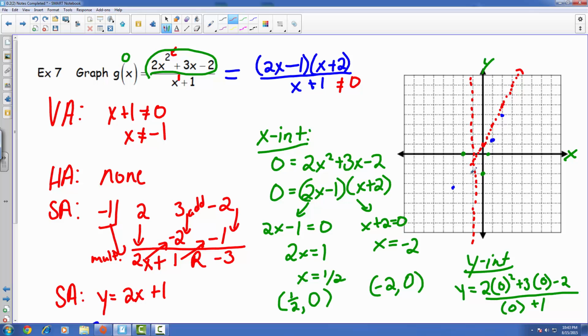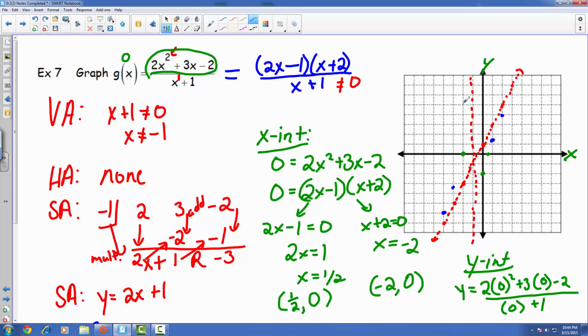So down 2 over 1. -4, -6. That's a little bit better.